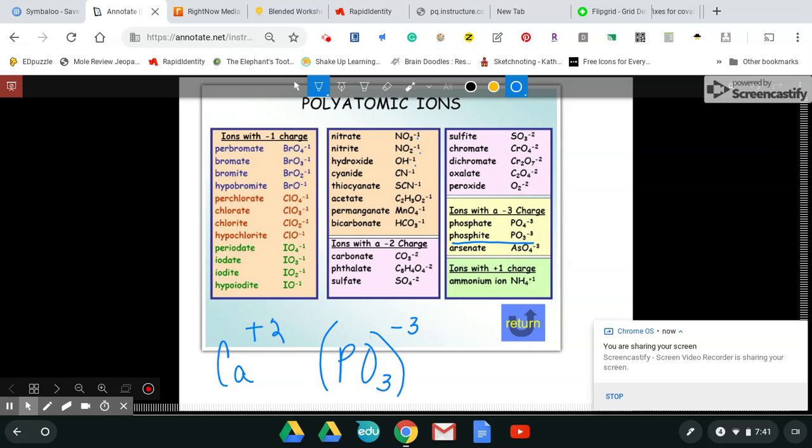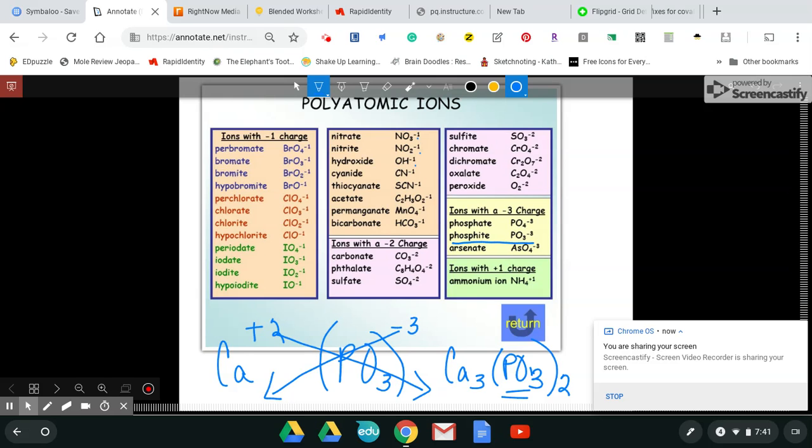You do it just like you've done before. This 2 goes on the outside of that parentheses, the 3 goes here. So I would write this as Ca3(PO3)2. Because this is a polyatomic, it has to go completely together. It's considered one particular atom.